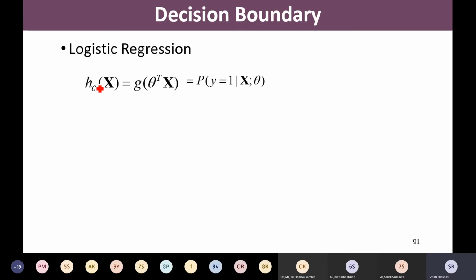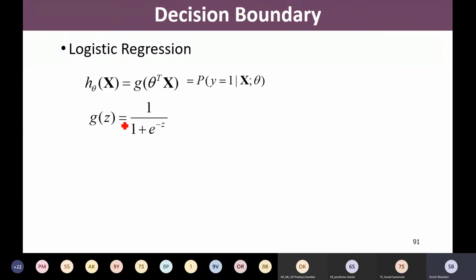So we said that this hypothesis h theta x gives us some value, and that value is interpreted as the probability that the class is 1, the probability that y is equal to 1 given x, that is my input, parameterized by theta, right?